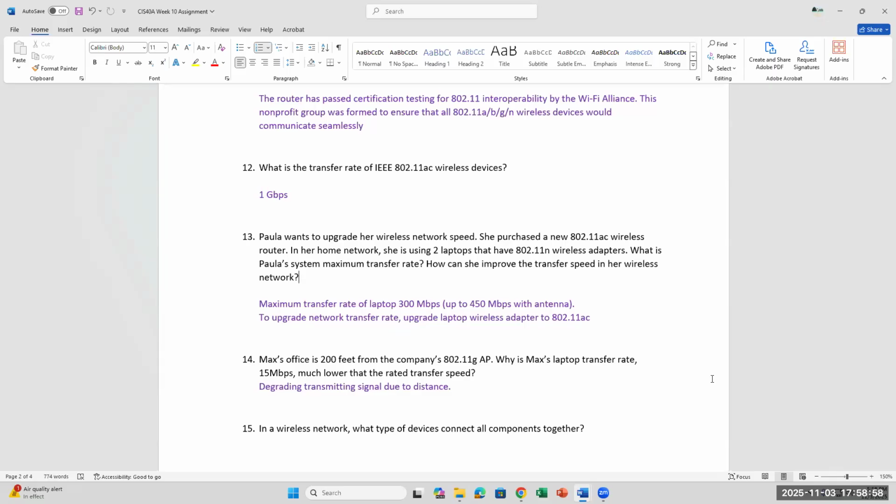One is an amplifier, right? What's an amplifier? It takes that same signal and increases it. So where does that amplifier need to be installed? It needs to be connected to the access point so that it receives the signal from the access point, takes the same signal and increases it closer to Mac's desk.